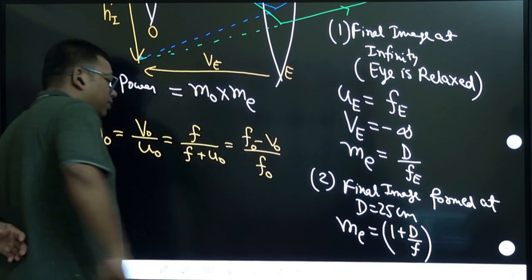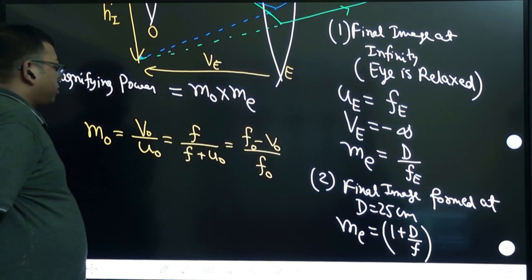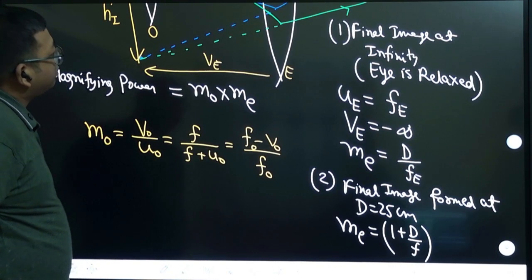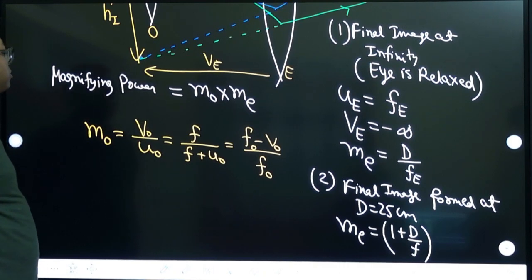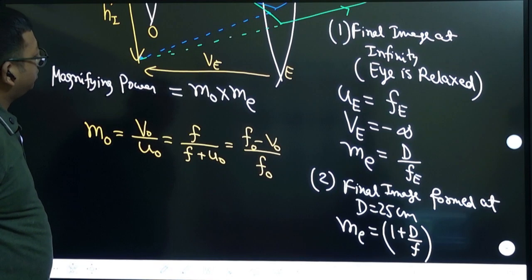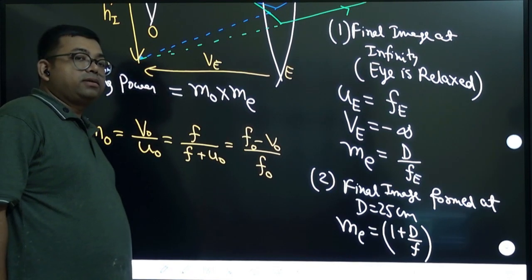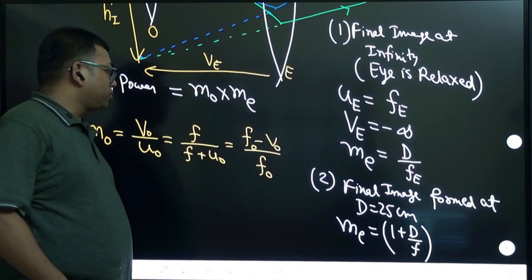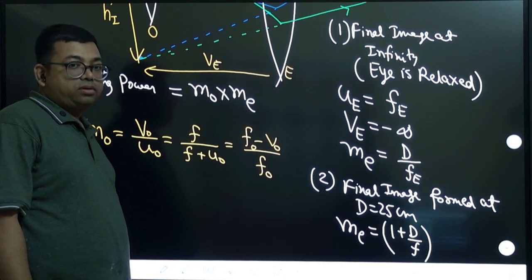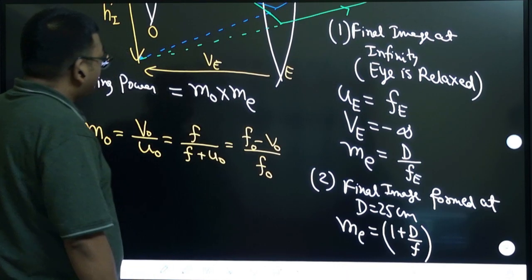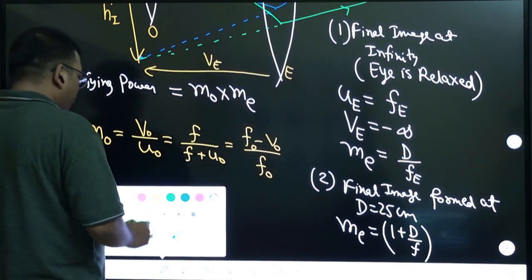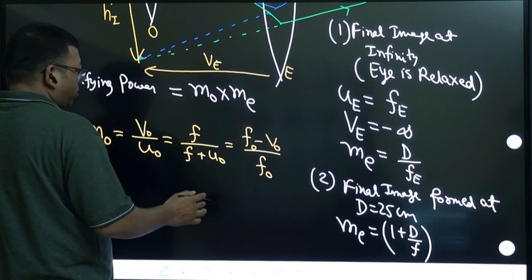Okay, this is what it is. So here we can use any of these formulas to calculate this, right? That's the formula. Now, any doubt in this? No doubt. Okay.